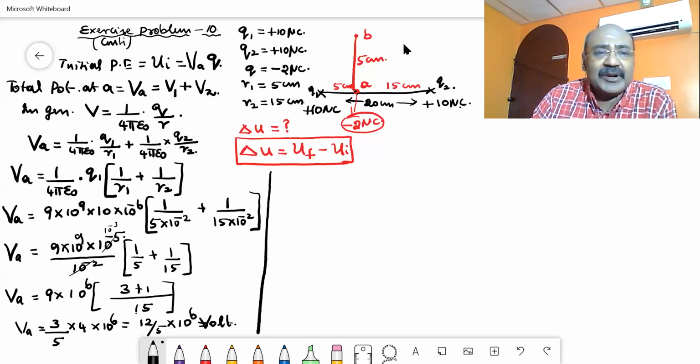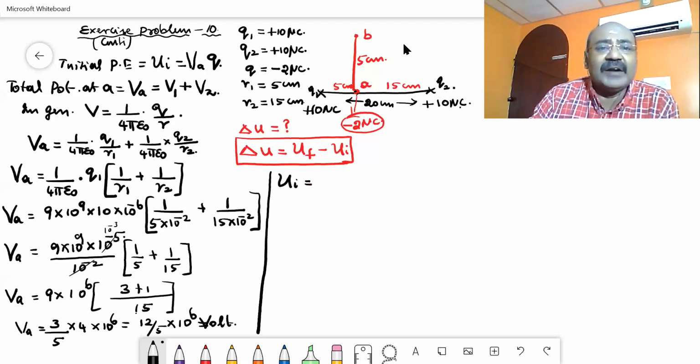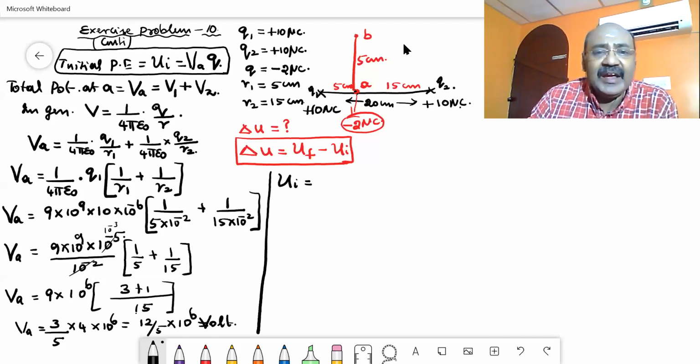So the initial potential energy, I have given in this formula, equation 1: initial potential energy epsilon I is equal to VA into Q. What is VA? VA is 12 divided by 5 into 10 power 6 multiplied with minus 2 into 10 power minus 6.